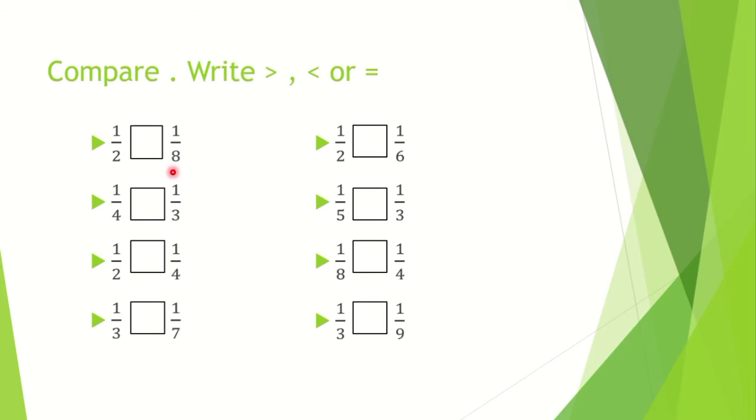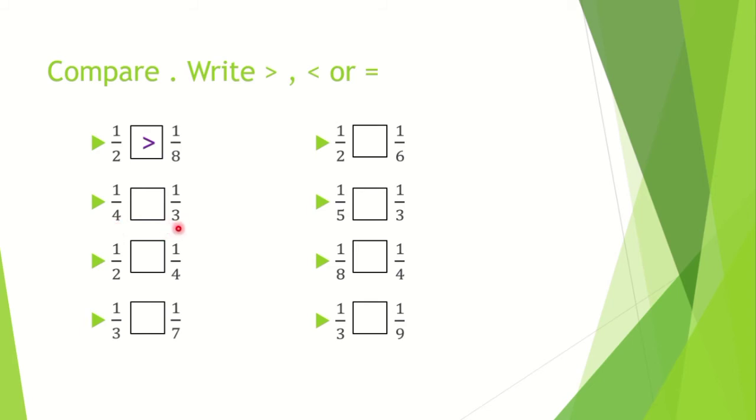So let's see where is the smallest number in the denominator. 2 or 8? Perfect, it's 2. And then I have half greater than eighth. And don't forget, it's a unit fraction.